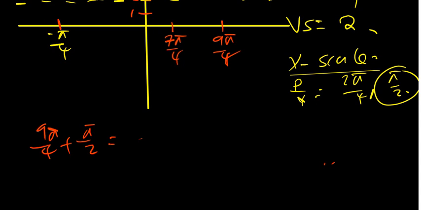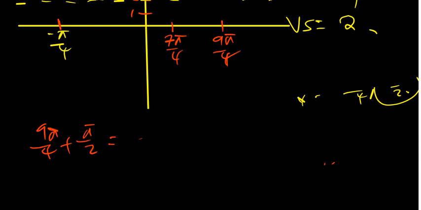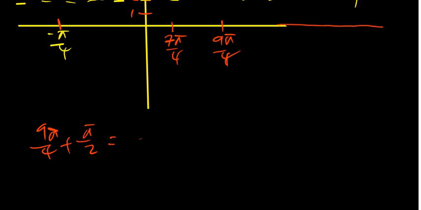Allow me to get rid of this so that I extend my graph here. We have 4, 9 pi plus 8. We are going to get a 17.